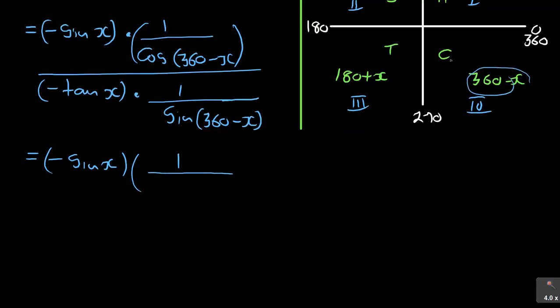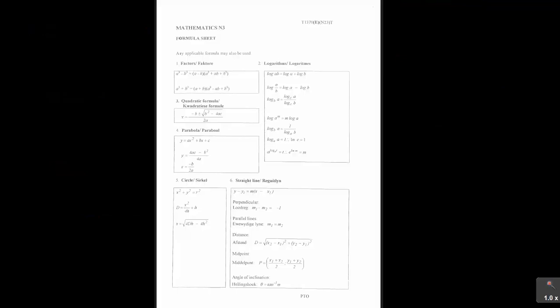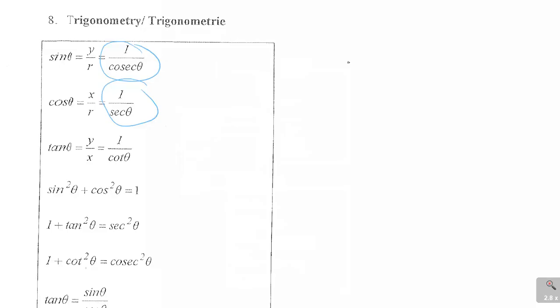This is quadrant number 4, and cos is positive, and we are also dealing with cos, so there is no change in sign, so it is cos x, all over. Now tan, I need to convert tan, so let me check if we have it in the formula. Yes, we have it.